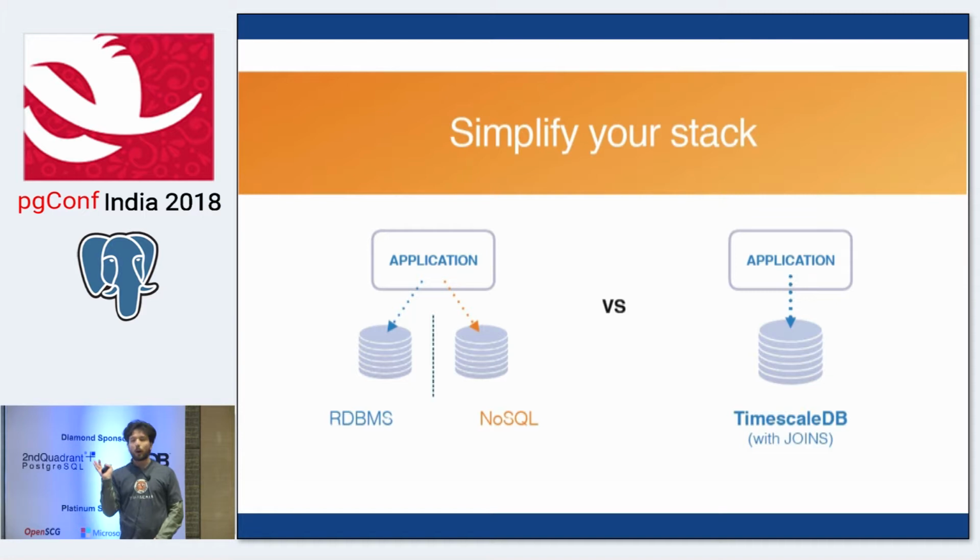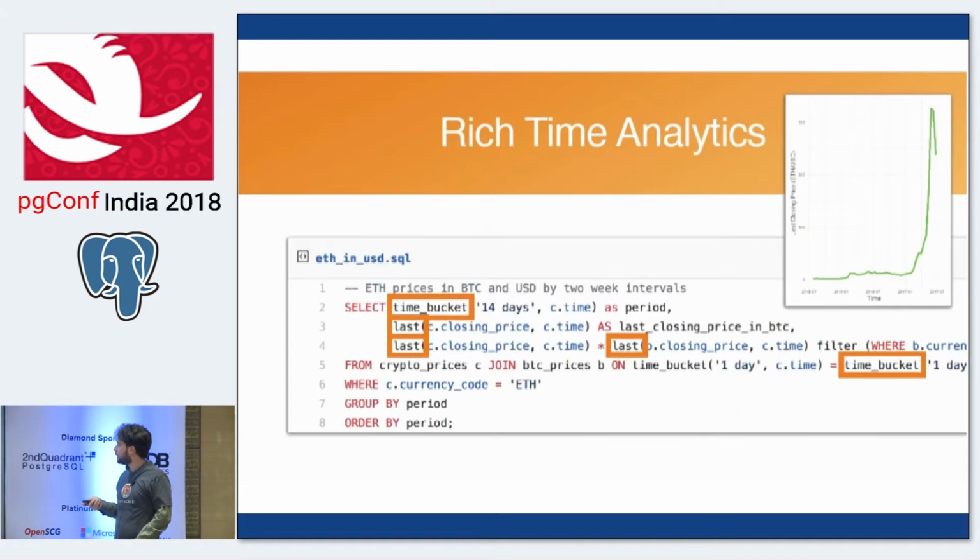I talked a lot about performance, but there are more reasons than just performance to use TimescaleDB. One of the main reasons is that you can simplify your stack, whereas before you had to have your relational data in one database and your time series data in NoSQL. Now you can combine it into one.